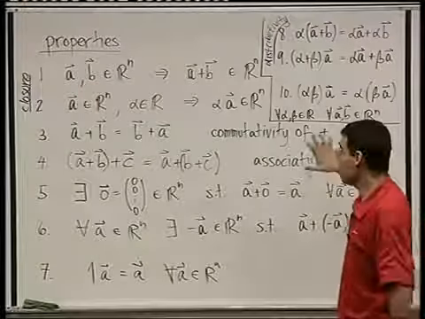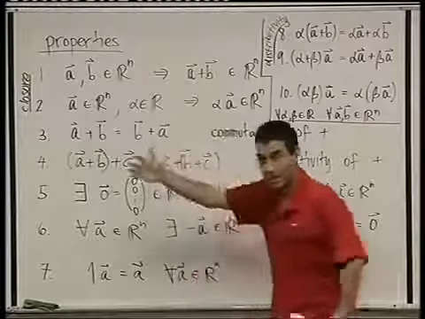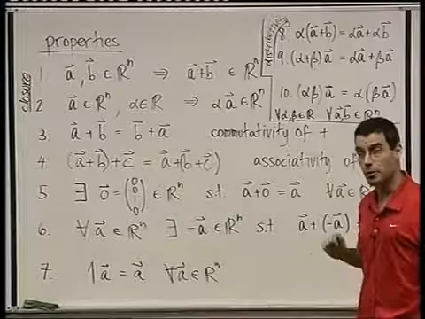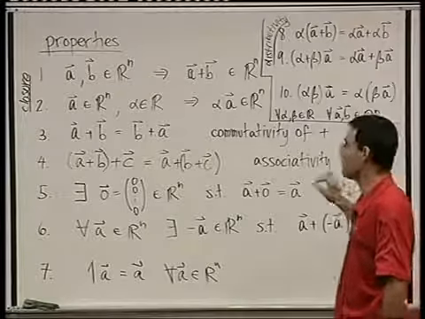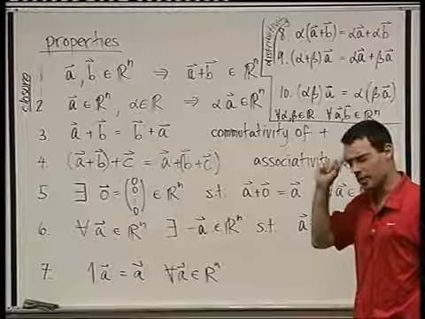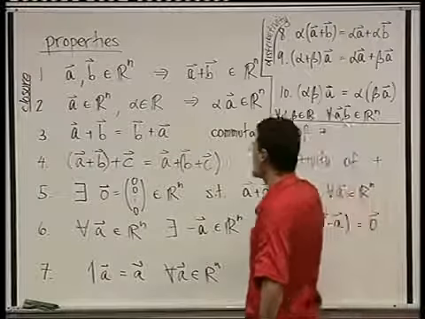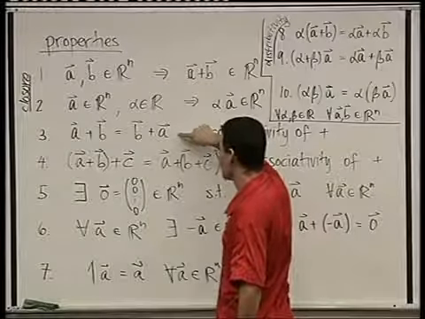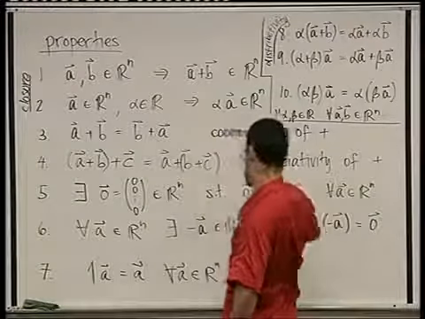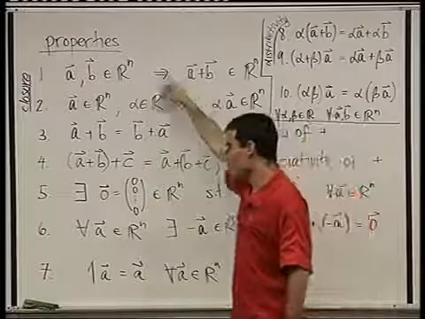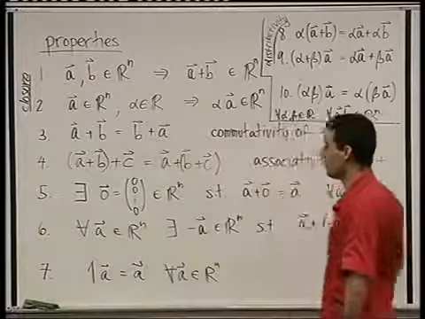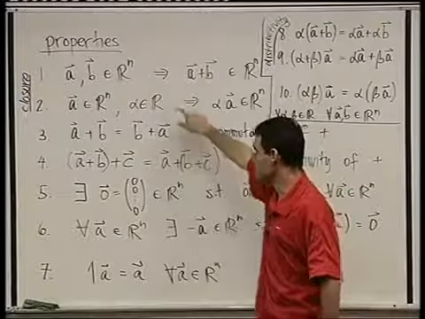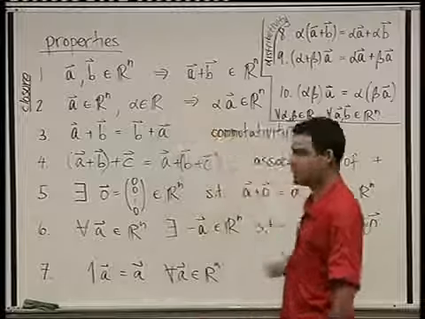Okay? I'm not going to erase here. I'm going to rewrite them because there's a more compact way of doing it. And you have to think for a minute. Look at properties 1, 3, 4, 5, and 6. Look at properties 1 through 6, not including 2. Do you agree that those 5 properties, the first 6 without 2, only involve the addition?